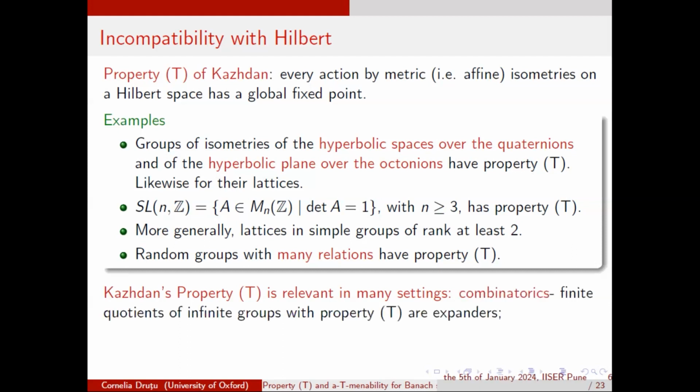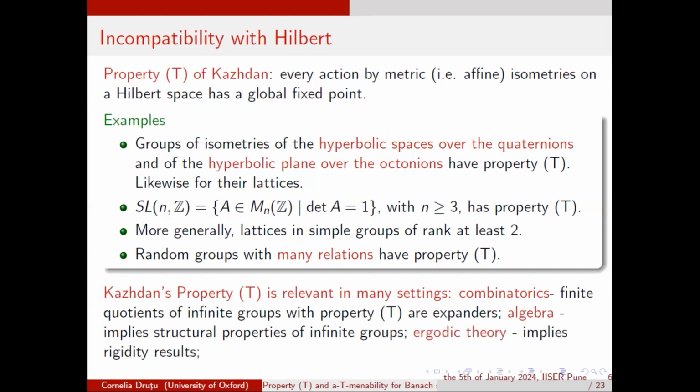For instance, in combinatorics, it provided the first hands-on construction of expander graphs with any number of vertices. In algebra, because it implies structural properties of the infinite groups that enjoy these properties. So for instance, finite abelianization, they do not split as amalgamated products or HNN extensions.